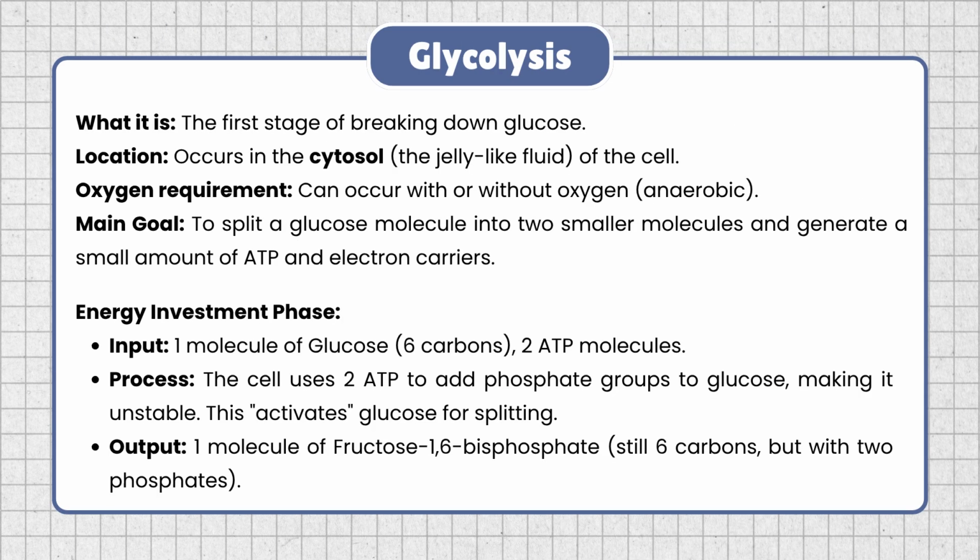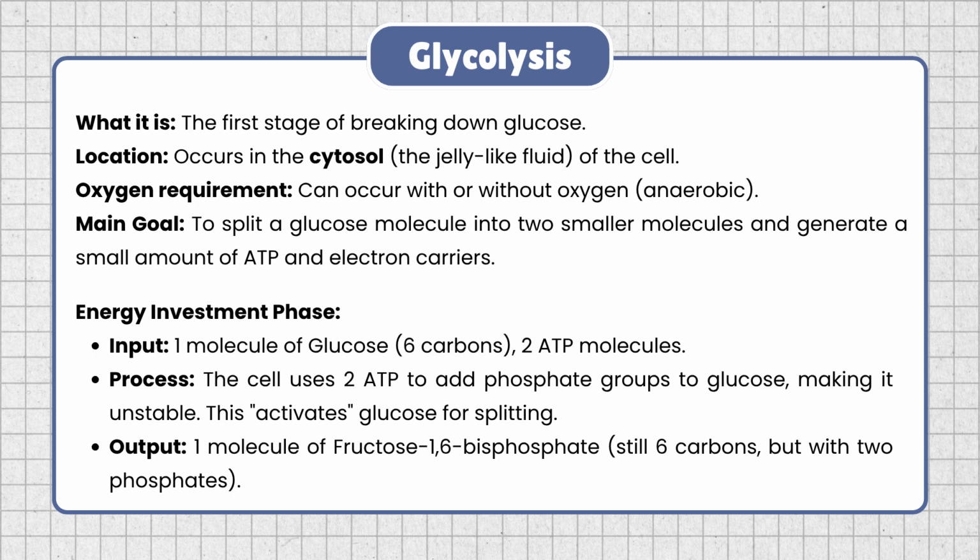Okay, so for the very first stage, we have glycolysis. From the word lysis, meaning breaking down, and glyco, meaning sugar, it is basically the breaking down of sugar, or of glucose in particular. It occurs in the cytosol, the jelly-like fluid of the cell.